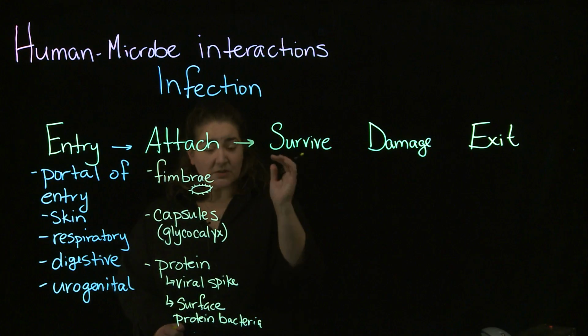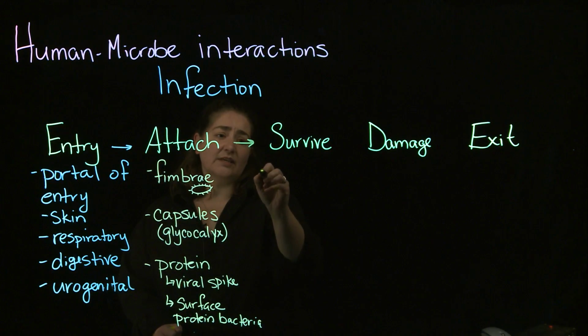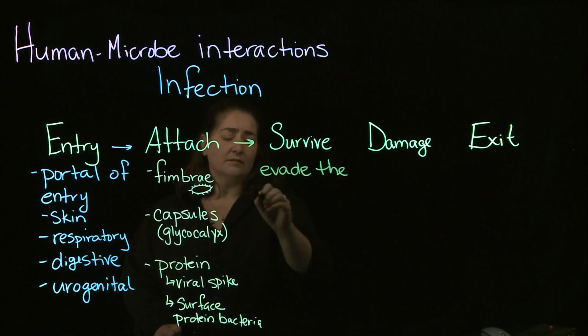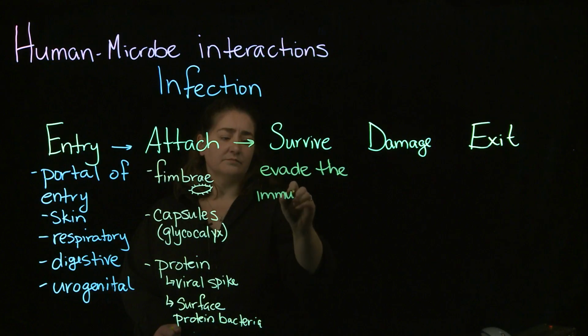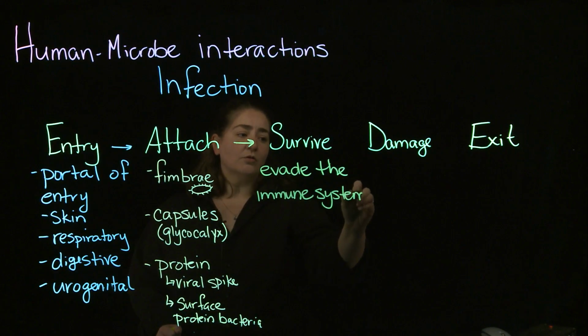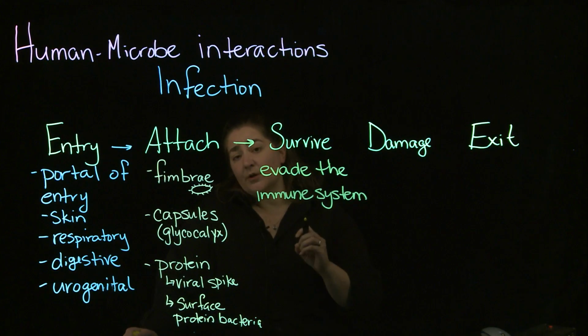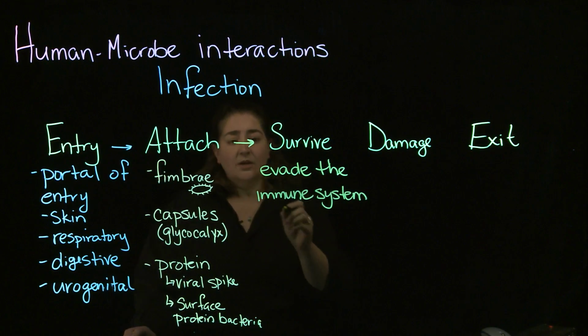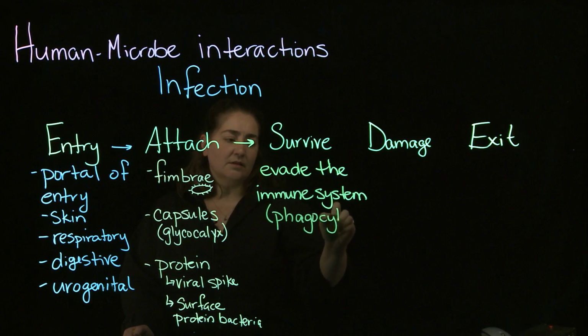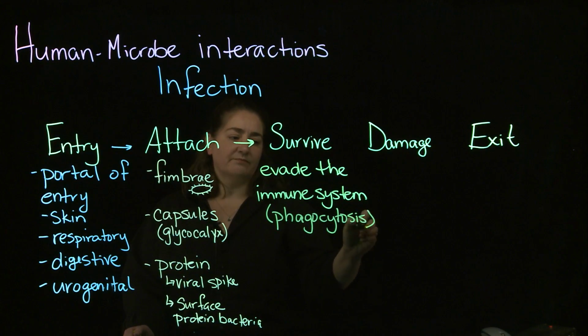And in terms of survival, essentially, the whole goal of survival is going to be avoiding the immune system, all right? Primarily what they're avoiding, those bacteria and those viruses, is going to be phagocytosis, all right?